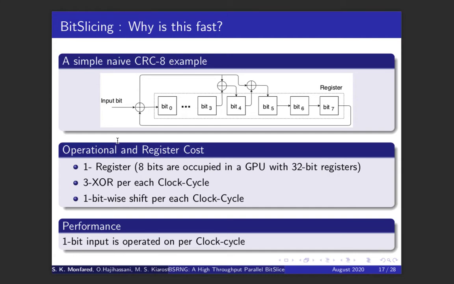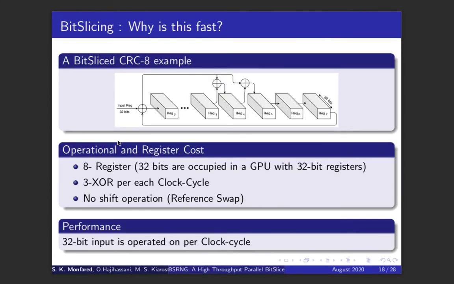Now, when this CRC8 is implemented in BitSlice using fully filled 32-bit registers, we have increased the registers to 8. So we have used 8 registers. But interestingly, similar to the last one, we have also used 3 XORs per clock cycle, and we have actually eliminated the shift operation, which is replaced by reference swapping between the registers in software.